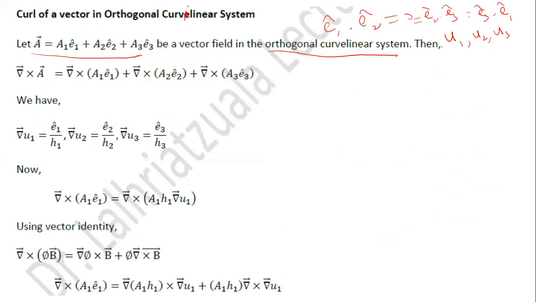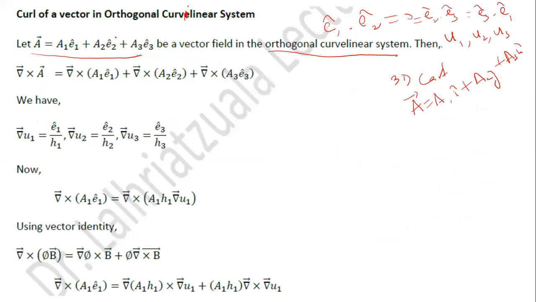Okay, so similar to the vector field in the case of the 3D Cartesian system, where we write A as A1 i cap plus A2 j cap plus A3 k cap, here we write e1 cap in place of our unit vector in the Cartesian system like i cap.